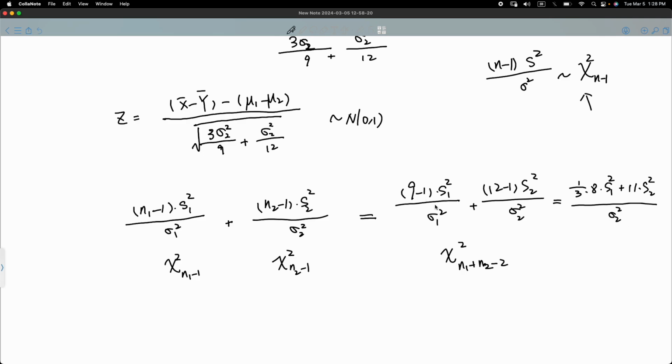This simplifies the numbers, and by replacing sigma 1 squared with 3 copies of sigma 2 squared, you end up with this, which follows a chi-square distribution with n1 plus n2 minus 2 degrees of freedom.